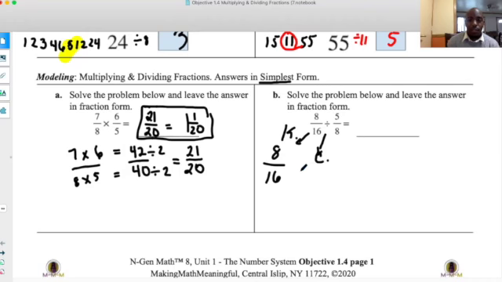What is the inverse of division? You got it. Multiplication. And then finally, the word flip is an indication that we're going to flip this fraction and turn it into its reciprocal. That's the word I'm looking for. The reciprocal of 5 over 8 is 8 over 5.